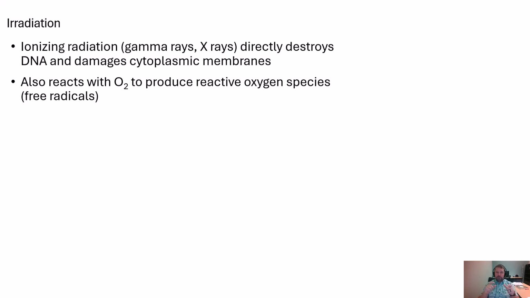They can take water and get the oxygen from the water, but also oxygen from the atmosphere, to create free radicals. And we talked a little bit about free radicals and how this works.